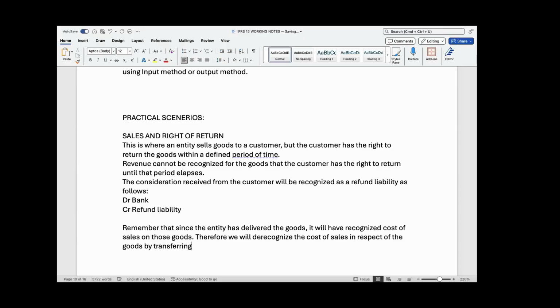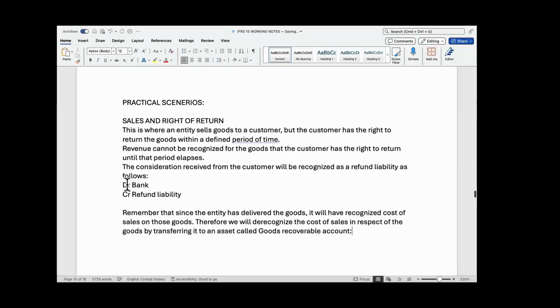By transferring it to an asset. What do we call it? Because we'll be expecting him to return the goods back. That's an asset to us. You can call it goods recoverable account. You can call it any name. We don't really care about the name we call it.